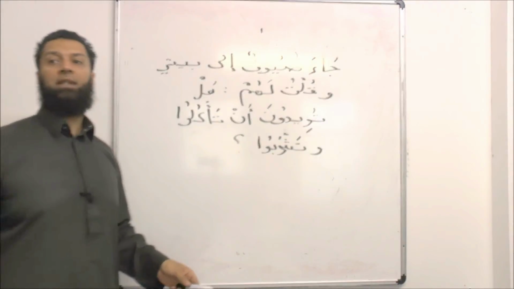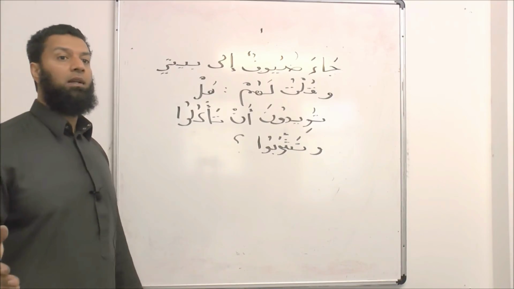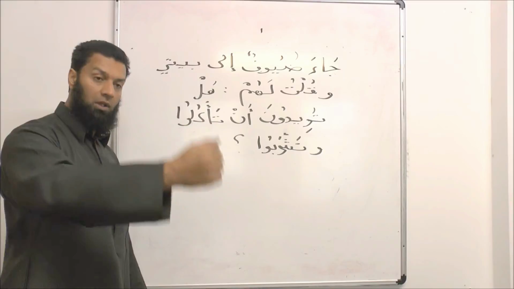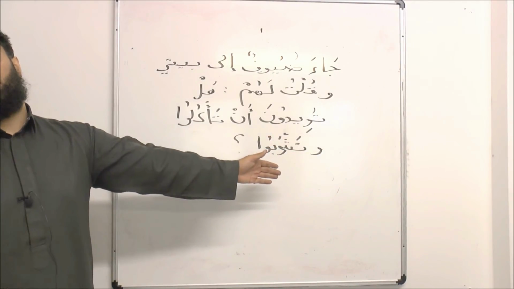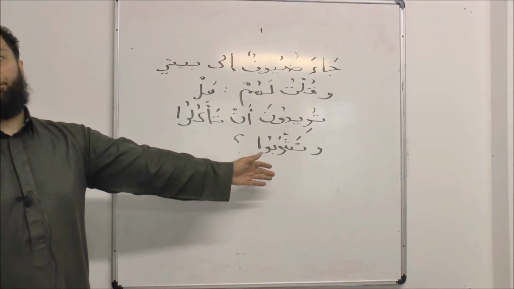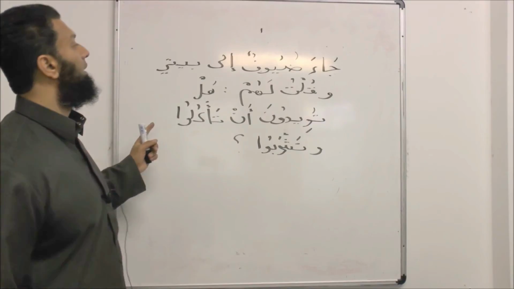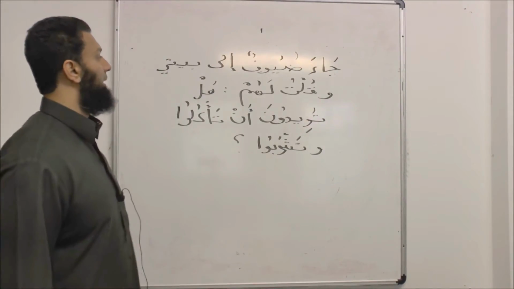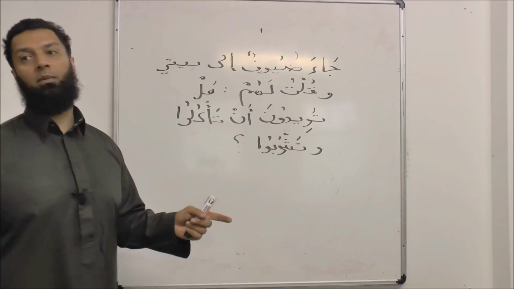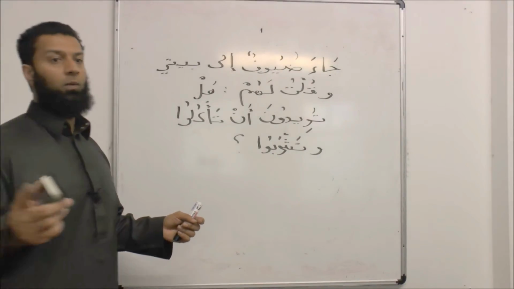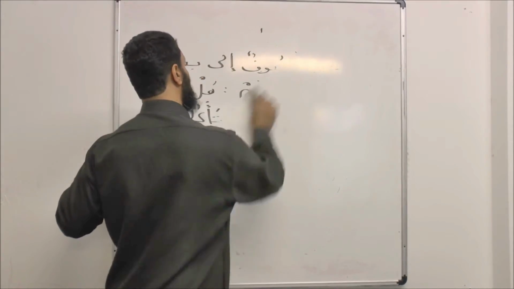So without having to say وهل تريدون أن تشربوا, we just say وتشربوا. So that is our sentence: جاء ضيوف إلى بيتي وقلت لهم هل تريدون أن تأكلوا وتشربوا. So back to the text therefore, the next sentences.